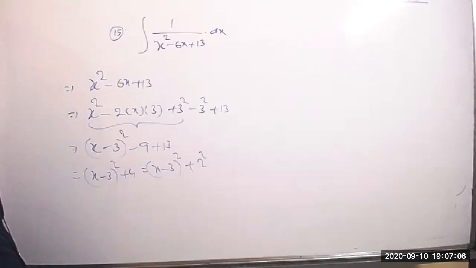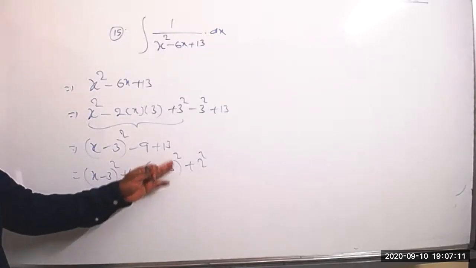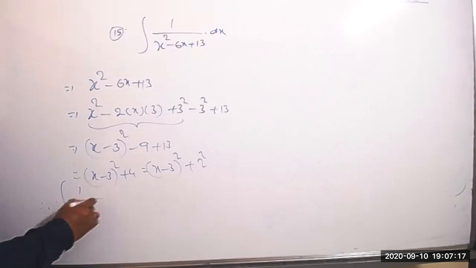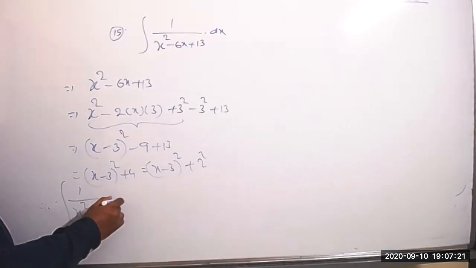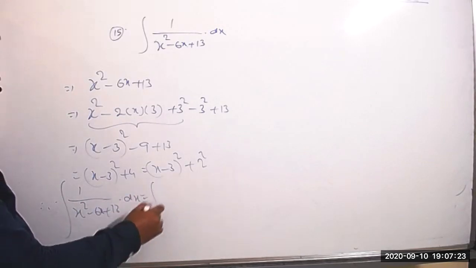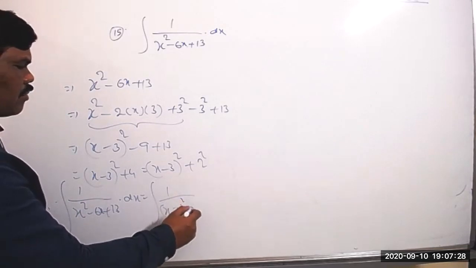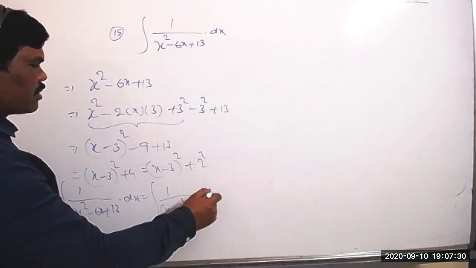That means in place of x square minus 6x plus 13, we substitute x minus 3 whole square plus 2 square. Therefore, integration of 1 by x square minus 6x plus 13 into dx is equal to integration of 1 by x minus 3 whole square plus 2 square into dx.